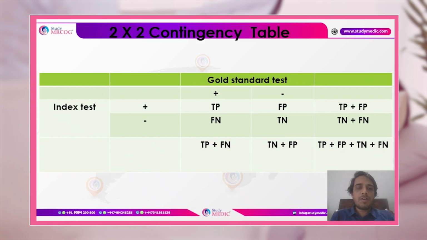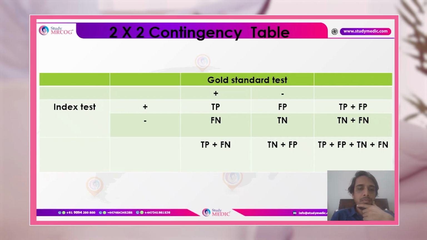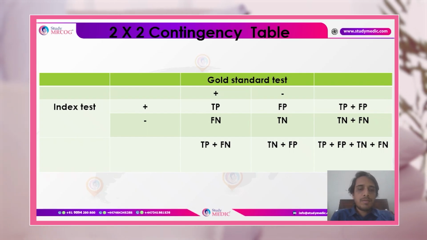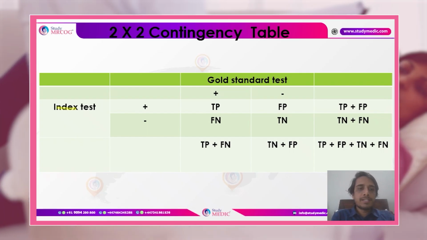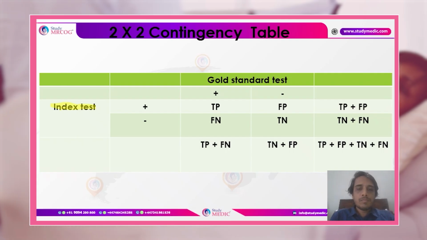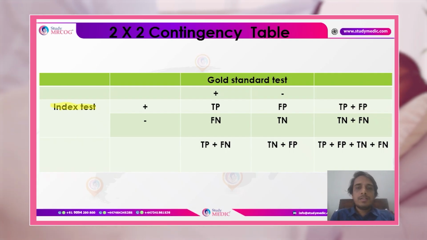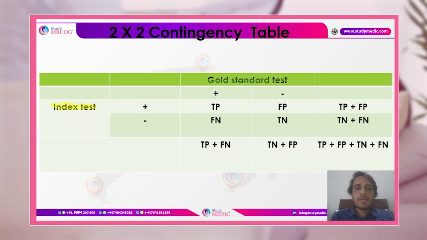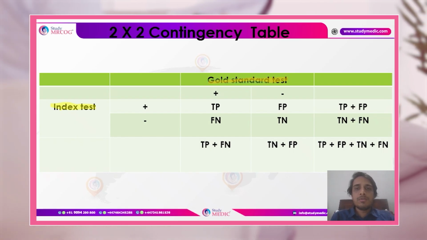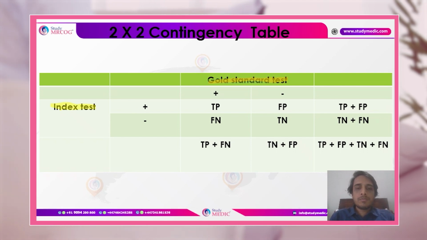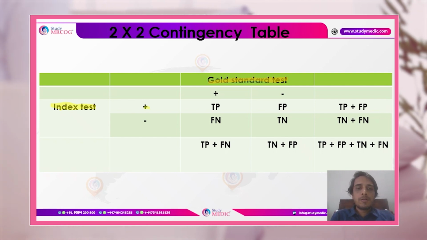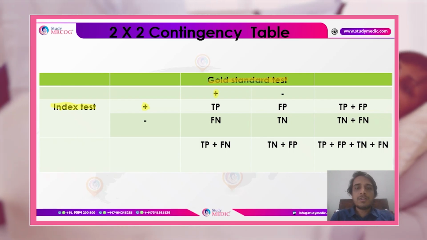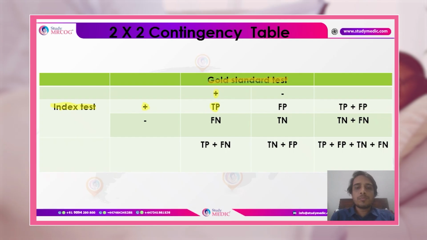Now, how do we form a contingency table? If this is the index test and this is the gold standard test, then if the index test is positive and the gold standard test is also positive, it is called a true positive.